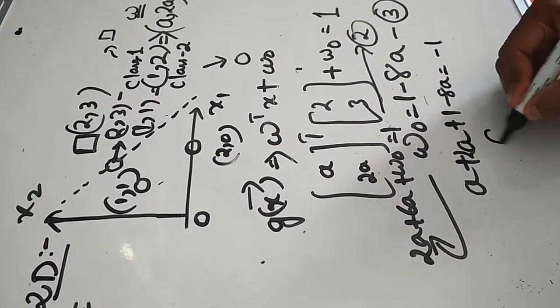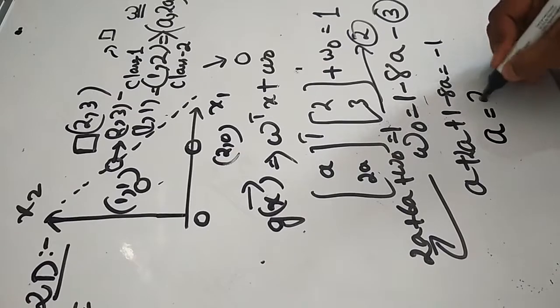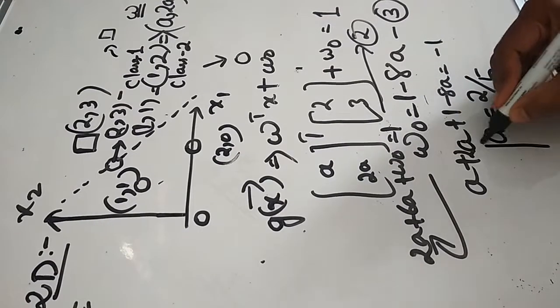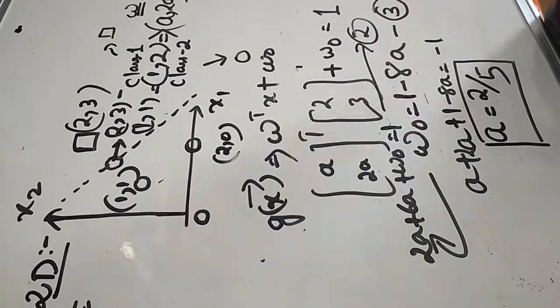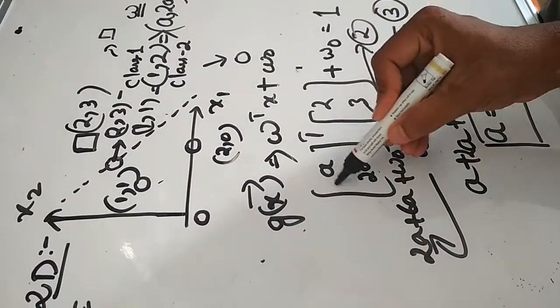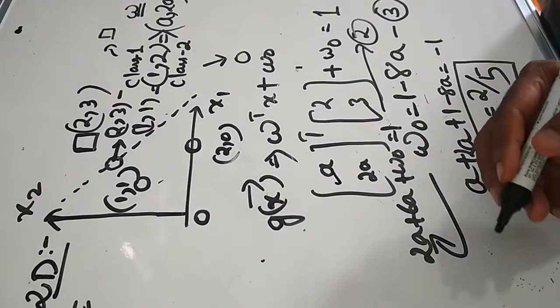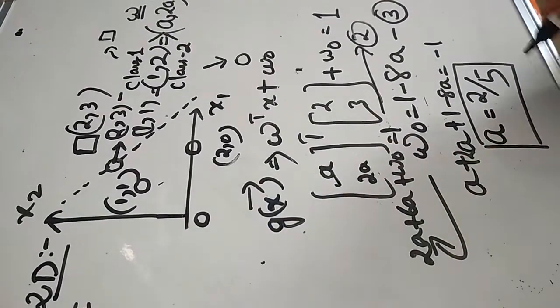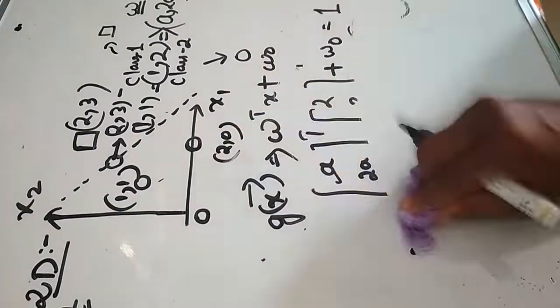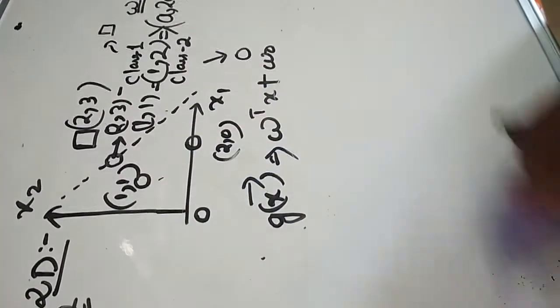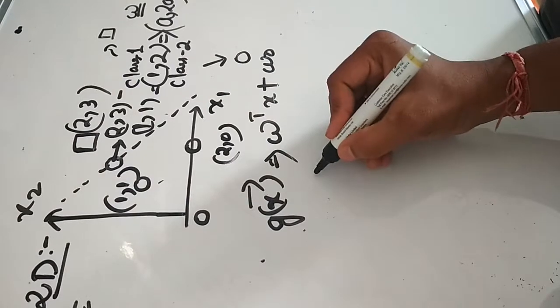So the value of a we get is 2 by 5. Then we can find the weight vector.